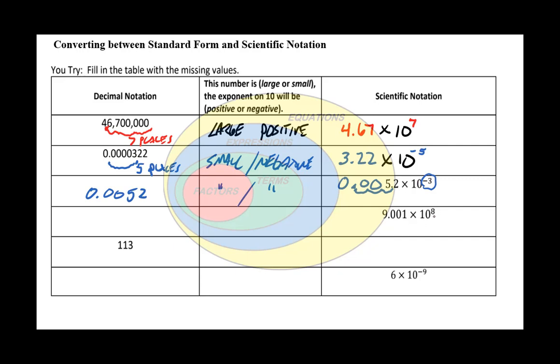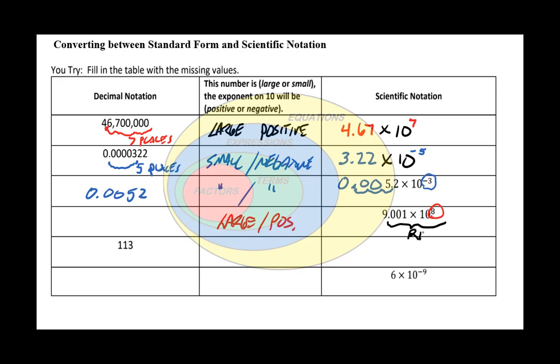So the next problem, we notice this is a positive exponent, so this is going to be a large number. We have again a positive exponent. So what we need to do then is we have the decimal 9 point. We need to move the decimal to the right 8 places.